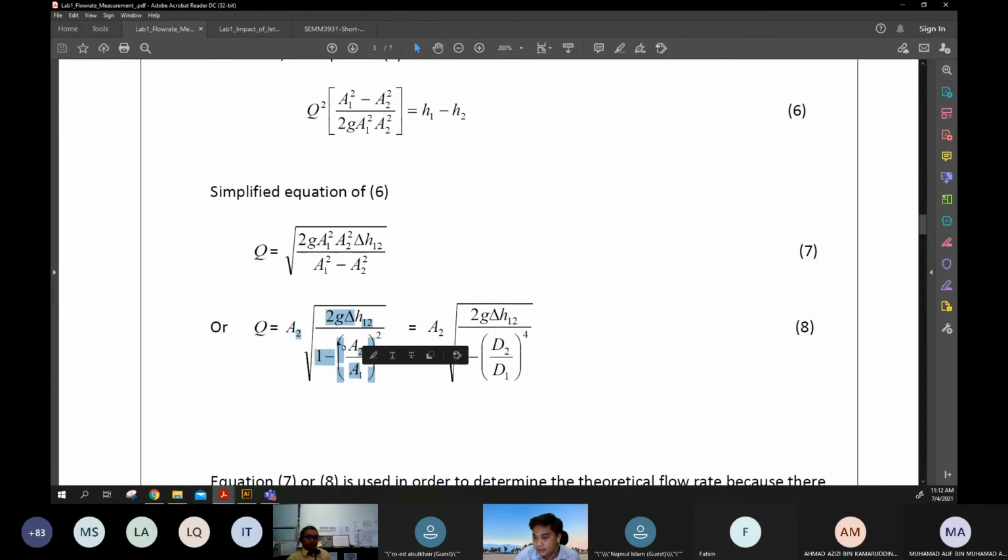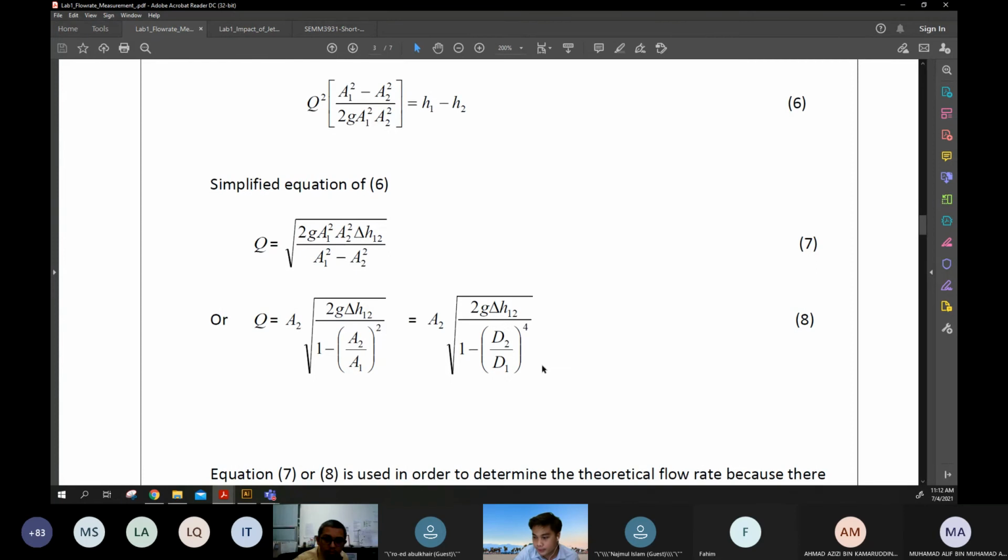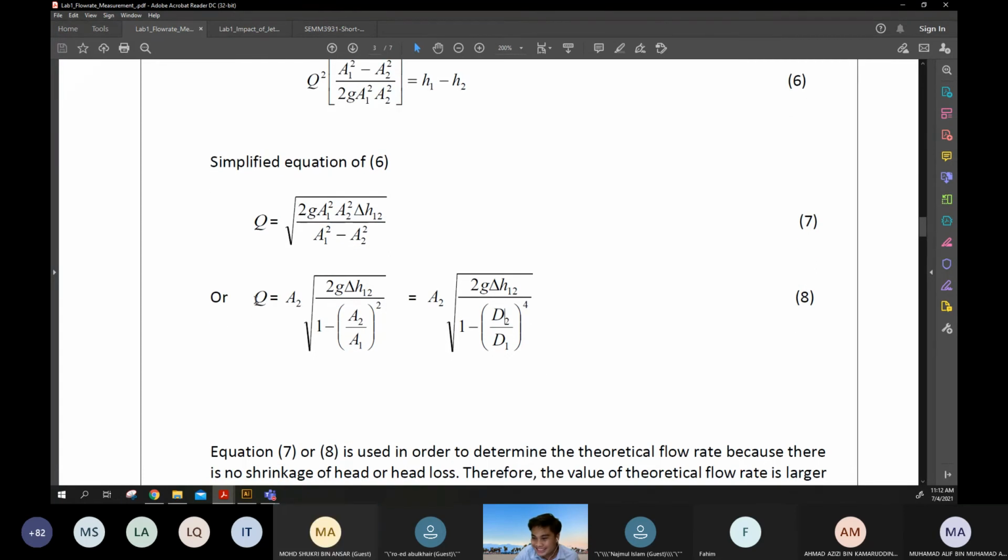I believe it is easier if we change area into diameter, since area is directly proportional to diameter. That is why we replace area with diameter, where the area of a circle is pi d squared over 4. Finally, this is the theoretical expression to get the value of the flow rate, where A equals all this term.